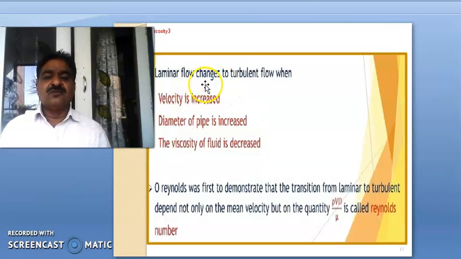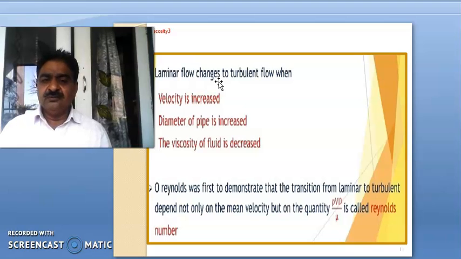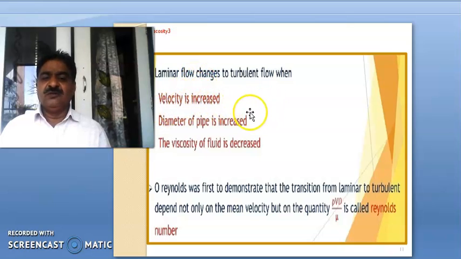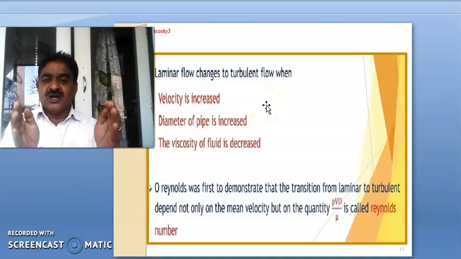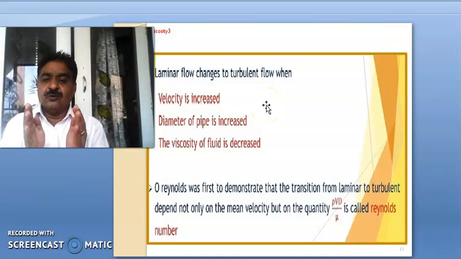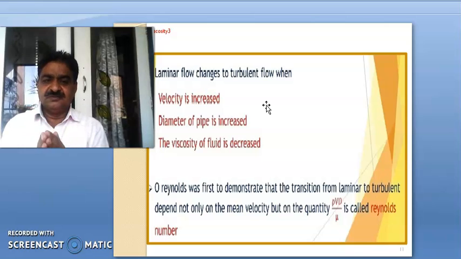Now, what is laminar flow, and what happens when velocity is increased? The flow changes from laminar to turbulent when the velocity of the fluid is increased, the diameter of the pipe is increased, and the viscosity of the fluid is decreased.